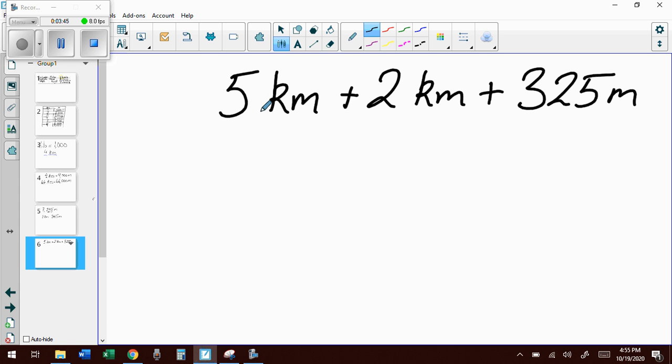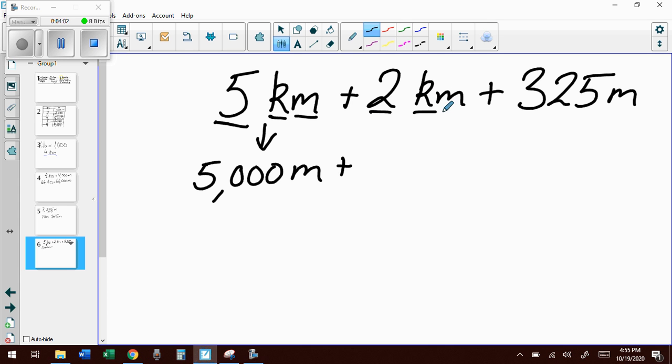And we'd have to break these down into what they actually are. So 5 kilometers is 5,000 meters. So go ahead and write that. 5,000 meters plus 2,000 meters.